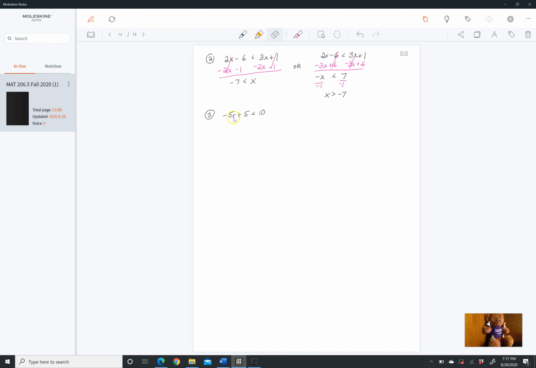And notice our variable is r. That's fine. We can switch variables all the time. Okay. So we subtract 5 from both sides. Here we get -5r is less than 5 now.